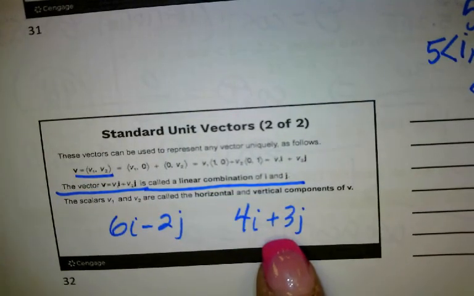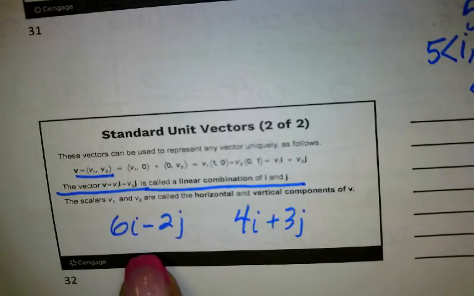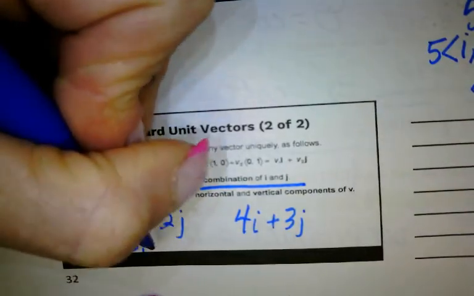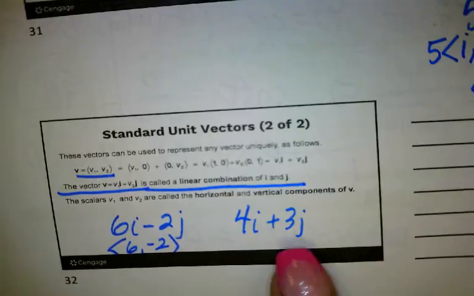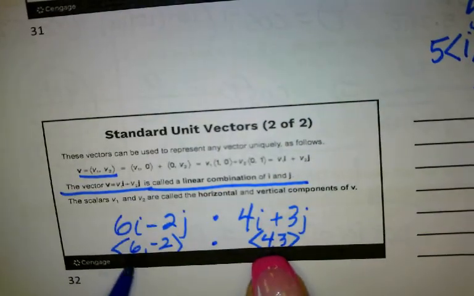This vector is actually (6, -2), and this vector is (4, 3), and then it's easy to find the dot product. I multiply the x components and get 24, add the product of the y components, and I get 18 for my dot product.